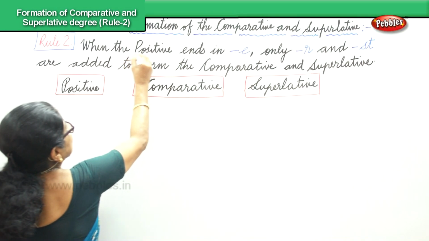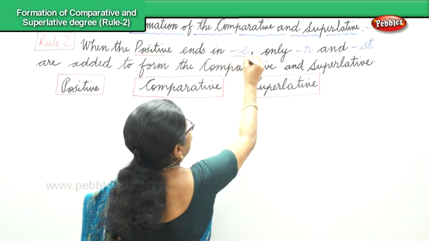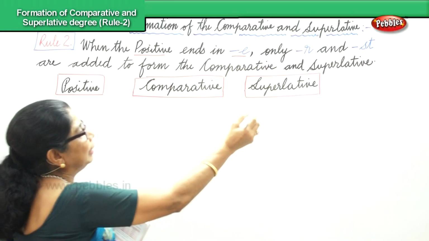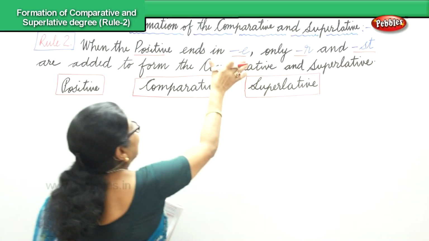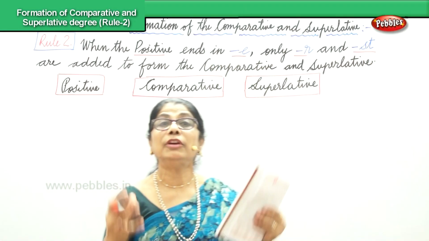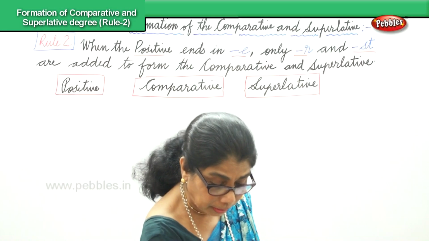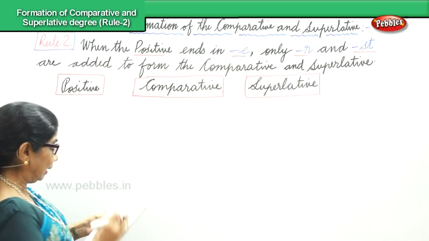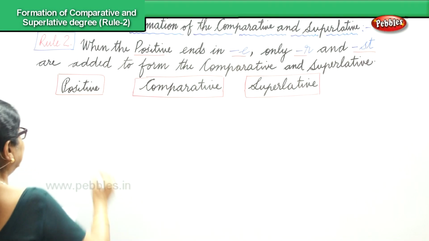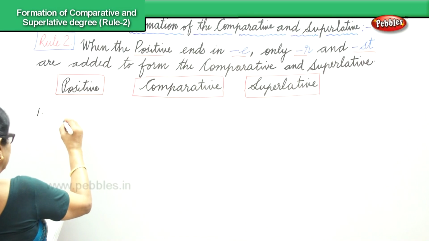When the positive ends in E, R and ST are added to comparative and superlative to form the spellings correctly. Okay, now let's look at the first one I have here, which is able.